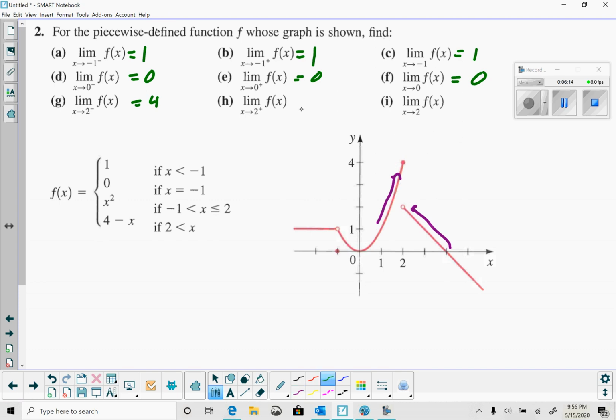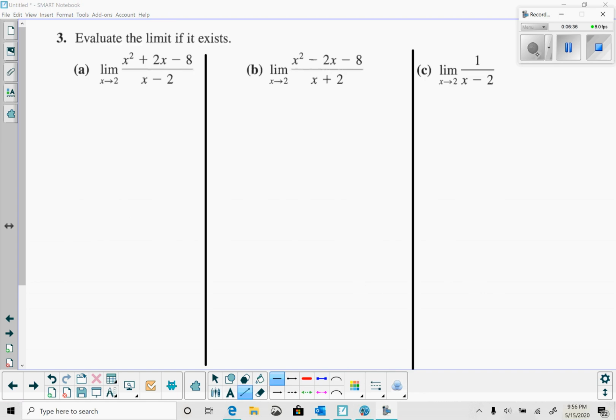But wait, hold on. That's headed towards a value of only 2. Those don't exist because those two values for G and H are not equal. We say for I, this limit does not exist.